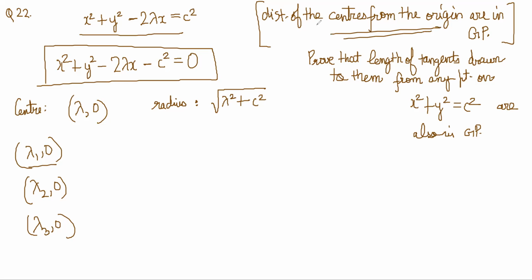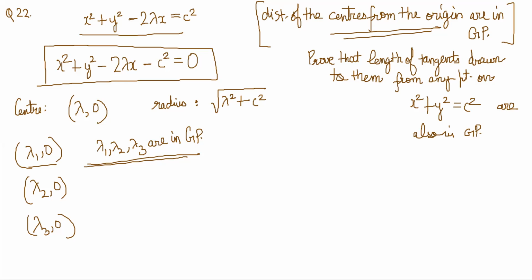Right. What is he saying? Distance of the centers of those three circles are in GP. What is distance from the center to the origin? Lambda 1. You have lambda 1, lambda 2, lambda 3 are in GP is given. So now you have to say length of tangent drawn to them from any point on this circle.